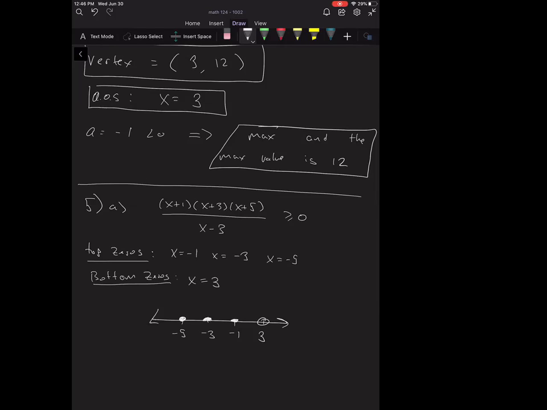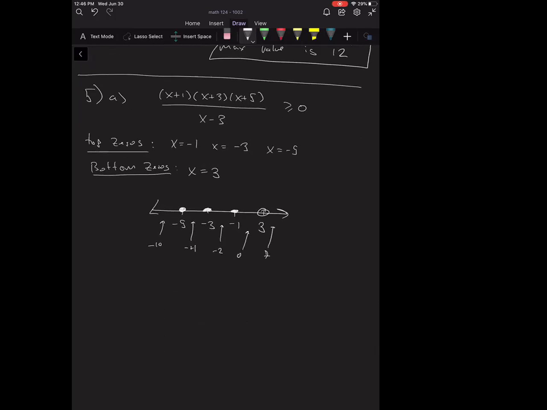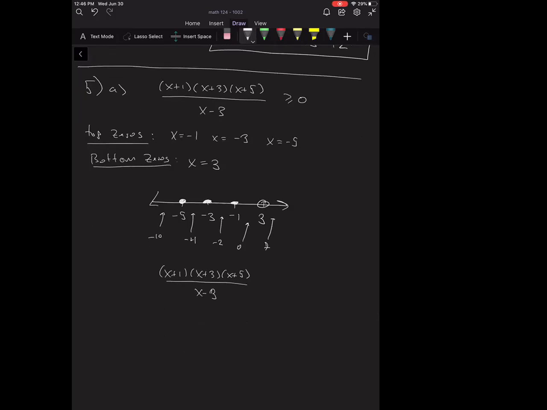Now what we need to do is pick points in each of these sections. So choose minus 10, minus 4, minus 2, 0, and we could choose 7. And we need to plug it into our expression, (x plus 1)(x plus 3)(x plus 5) over (x minus 3), and see the sign of it, meaning is it going to be positive or negative.